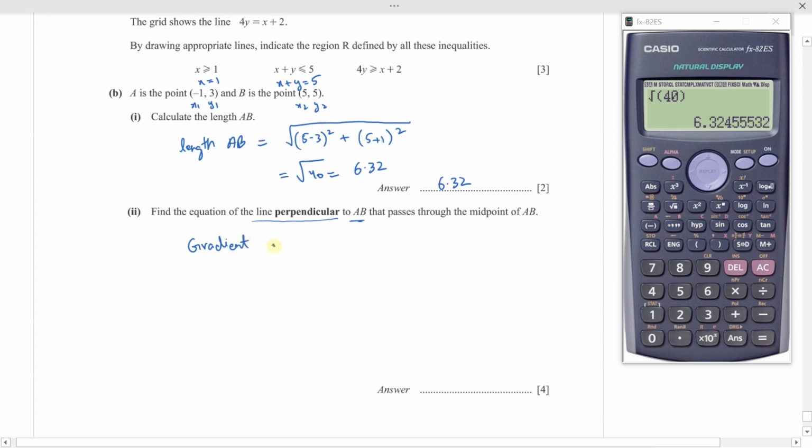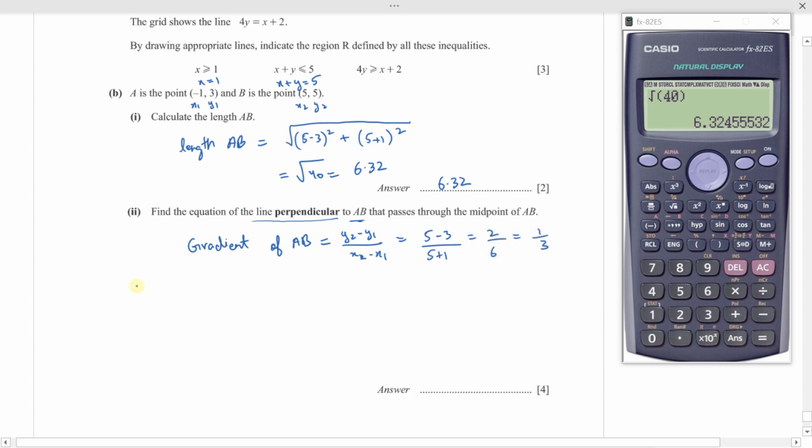I have these 2 points. Gradient will be y2 minus y1 over x2 minus x1. So this will be 5 minus 3 divided by 5 minus minus 1, which becomes 5 plus 1. So this is 2 over 6, or 1 by 3.